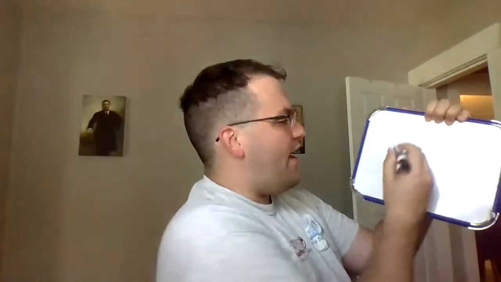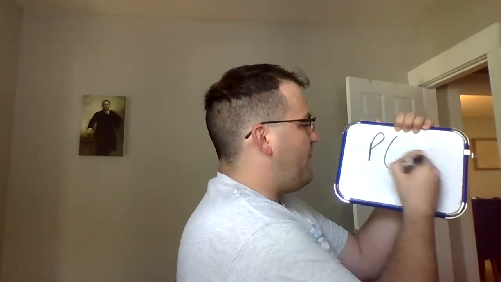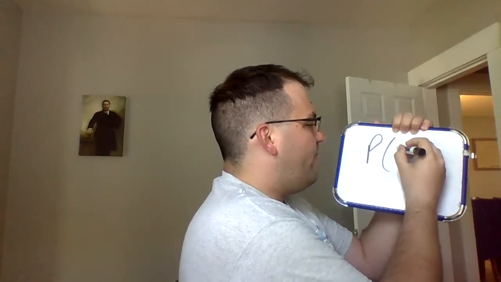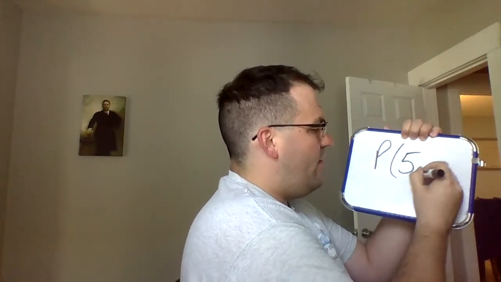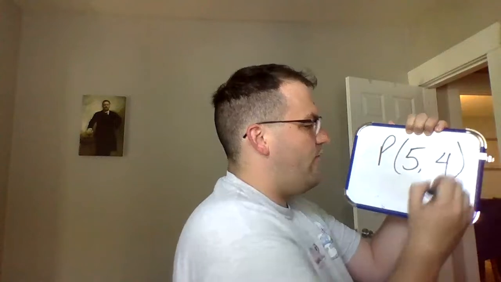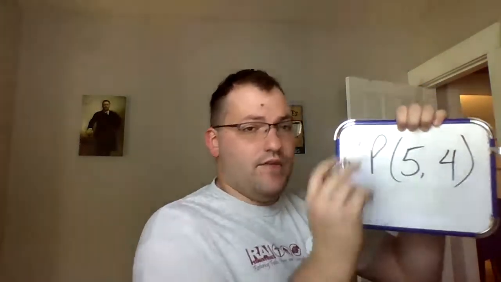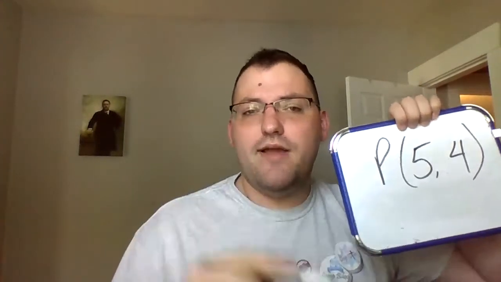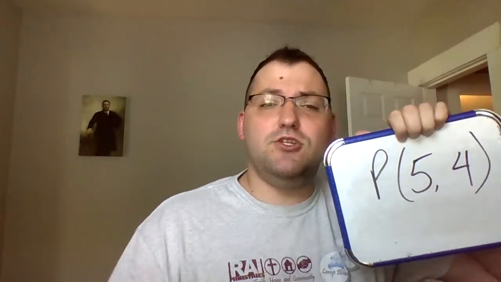And I'm going to see if you guys can do it too, okay? So what happens if we have P of 5 and 4? If you need to pause the video for a second, go ahead and pause and see if you can do it by yourself. If you want to do it along with me, just keep the video going, okay?